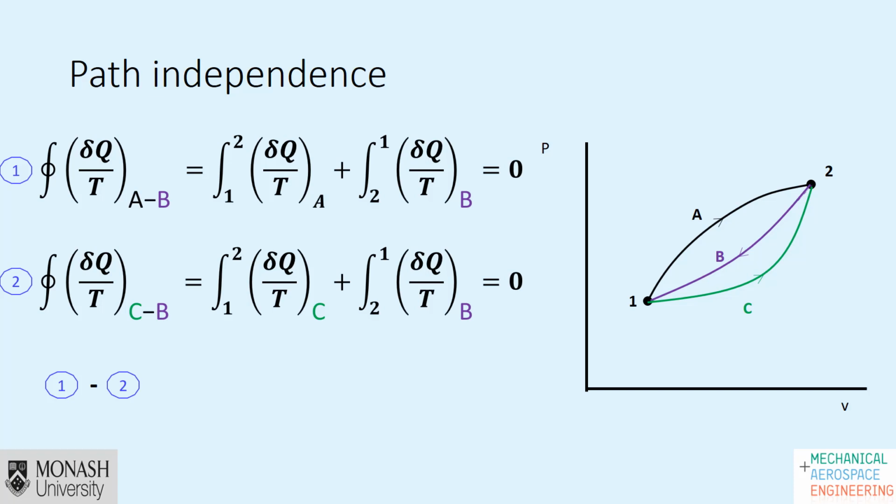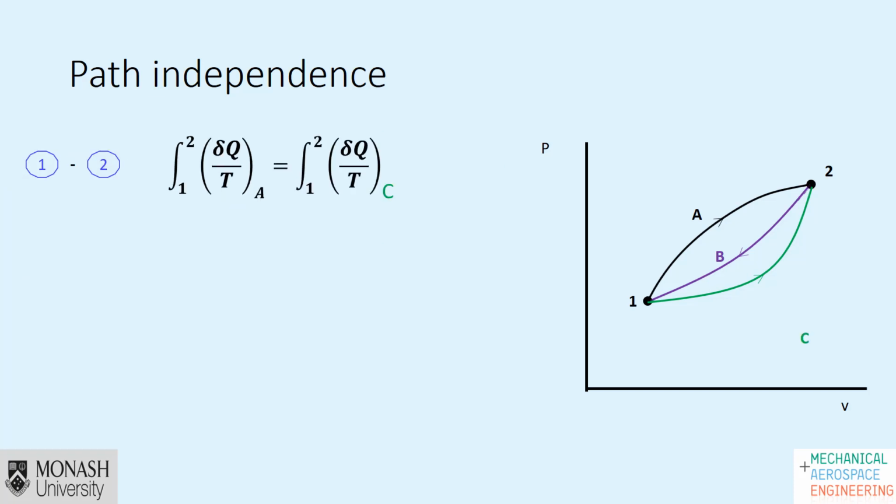And we'll see that the common factor, the integral of the heat transfer divided by the temperature along the path B, appears in both. So these terms are just going to cancel out, and all that will be left is the statement that the integral of the heat transfer divided by the temperature along path A is equal to the integral of the heat transfer divided by the temperature along path C. Now this is a profoundly important result, because remember, we actually haven't said anything about paths A and C except that they're reversible.